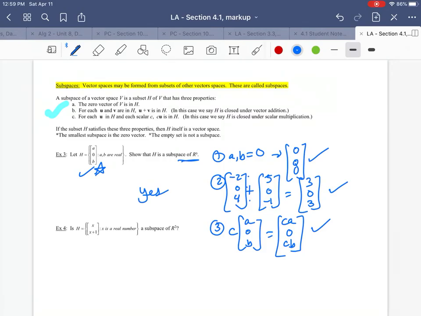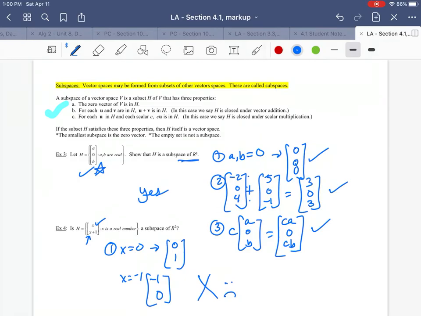And so it does, but if I try to prove, for instance, the 0 vector, if I let x be 0, I get 0, 1. And so that's not the 0 vector. If I let x be -1, I would get 0 down here, but then I get -1 up here. So there's no way for me to get the 0 vector. So that is a fail. Okay, so no, it doesn't work.